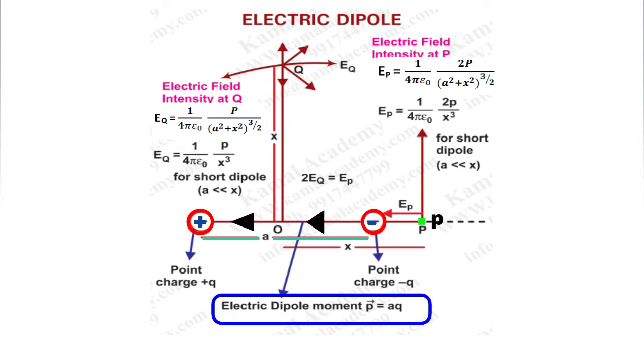Let P be any point on the axis of an electric dipole. Let the distance of point P from the center O of the electric dipole be x.